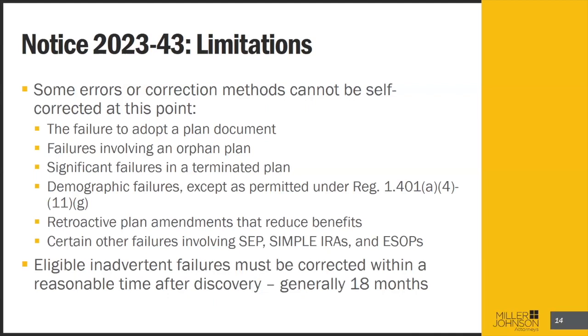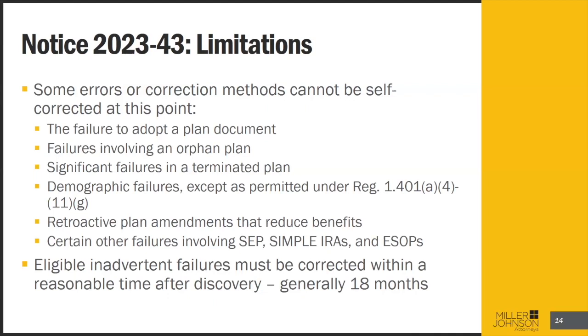Retroactive plan amendments that reduce benefits still are not permitted. This went through a few different iterations under the EPCRS. Most recently, the IRS confirmed that you could correct an operational error through a retroactive plan amendment, so long as the retroactive amendment basically increased benefits to participants.